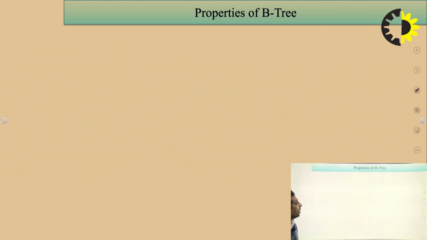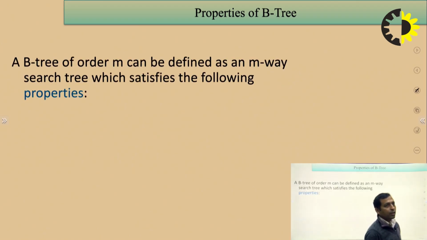Some properties of the B tree are there, so one by one we will see. A B tree of order m can be defined as an m-way search tree which satisfies the following properties.